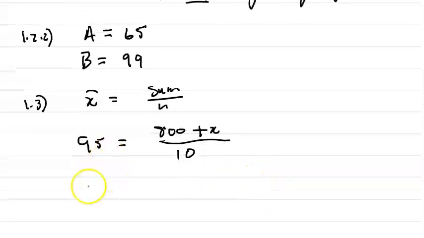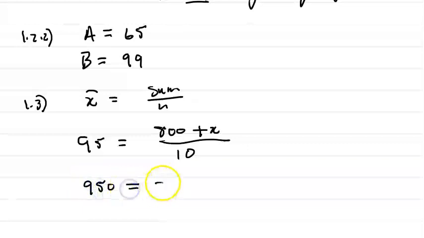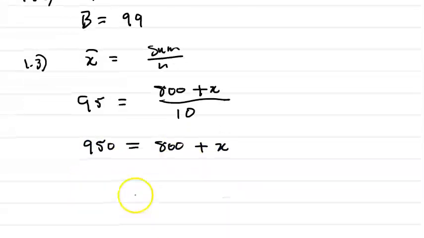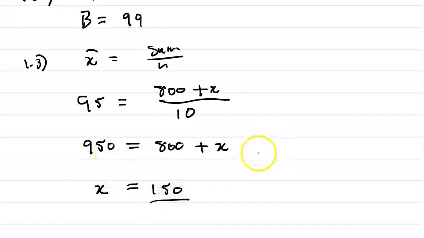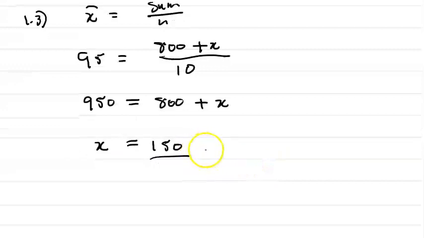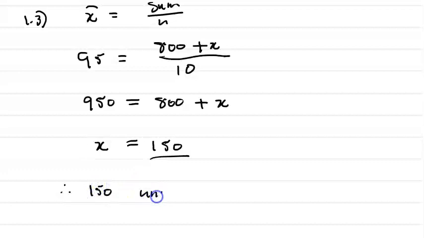So therefore, if we cross multiply, we get 950 equals 800 plus x, which will leave us with x equals 950 minus 800, which is 150. So therefore, 150 units were not counted.